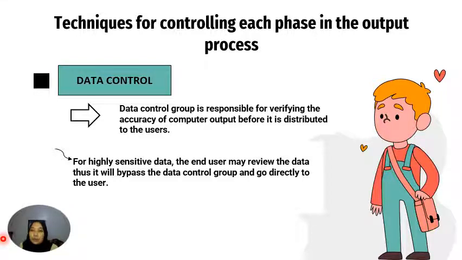For reports containing highly sensitive data, the end user may review the data. Thus, in this process, it will bypass the data control group and go directly to the user.